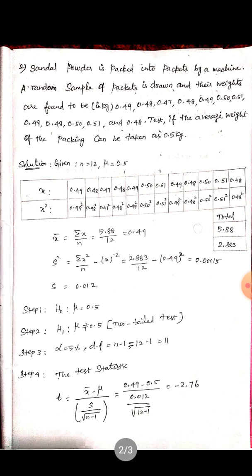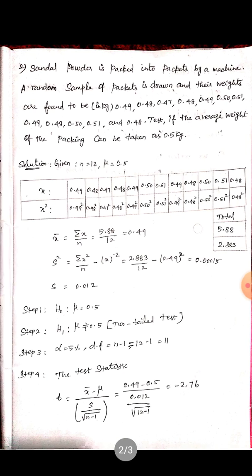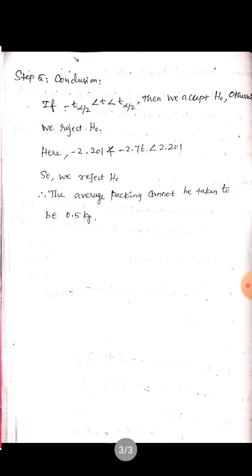Here the calculated value is 2.76. Compare with the table value: the sample size is 12, so the degrees of freedom are 11. At 11 degrees of freedom and 5% level of significance, the table value is 2.201, but the calculated value is 2.76.